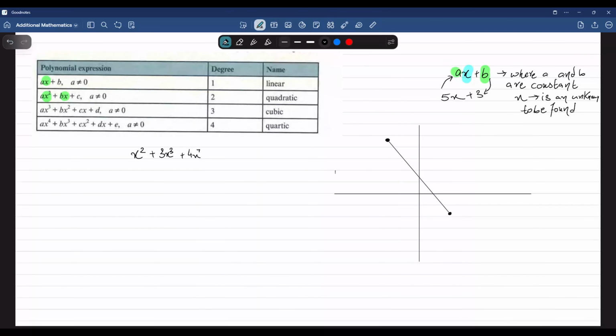Yes, you can factorize this further. If, for example, you take the biggest value you can take as a common factor, you can take x squared as a common factor. So 1 plus 3x plus 4x raised to the power 5. Okay, so we can simplify it this way, but we cannot further simplify by addition or subtraction or whatever case that comes.